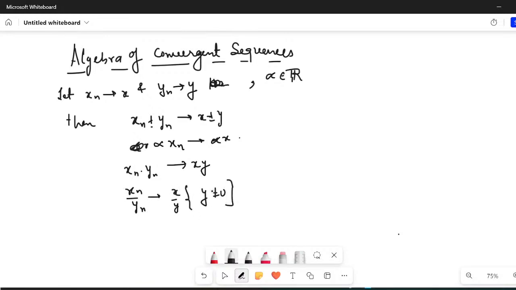So this is what is known as the algebra of convergent sequences.